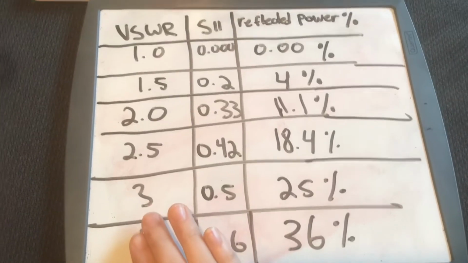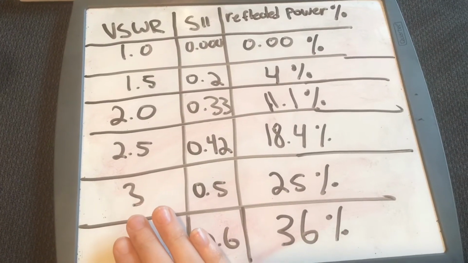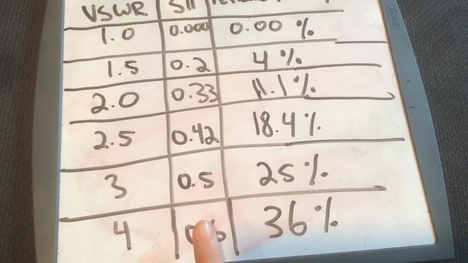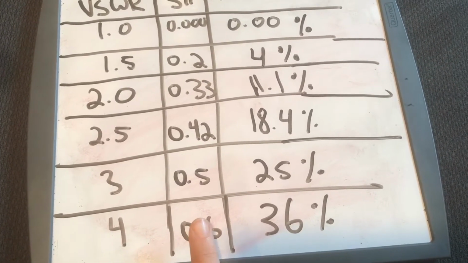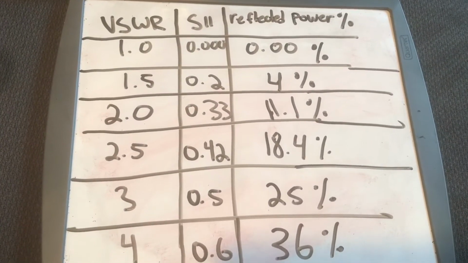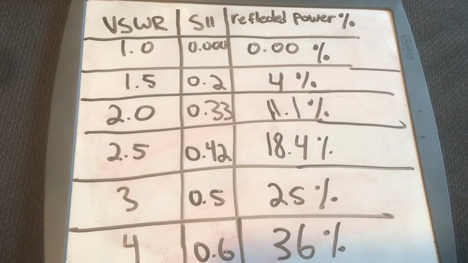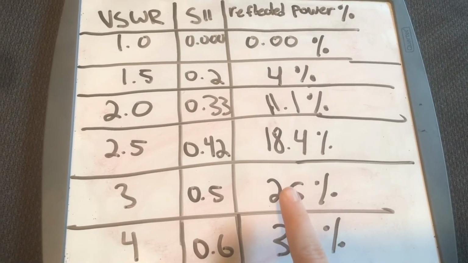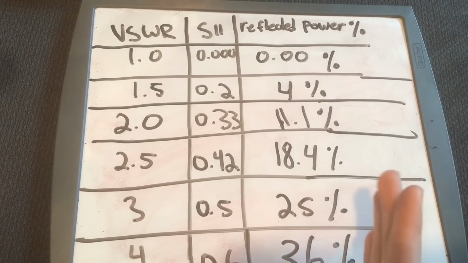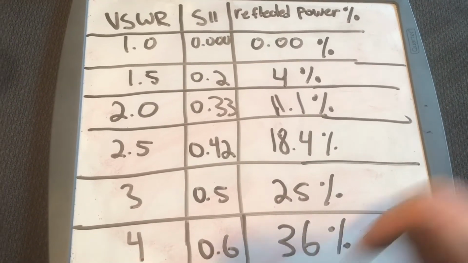In this column, we have the voltage standing wave ratio number drawn. In this column, we have the S11, which refers to how much power is being reflected from the antenna, or the reflection coefficient that we talked about earlier that is represented in our equation by the Greek letter gamma. And then here in this column, we have the amount of power being reflected back from the antenna along the transmission line in a percentage.